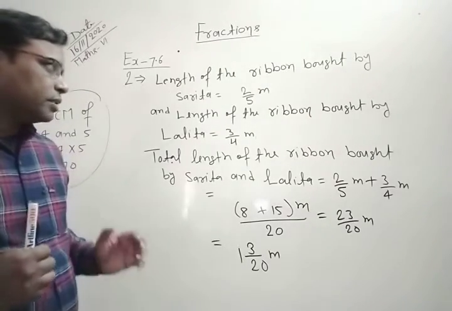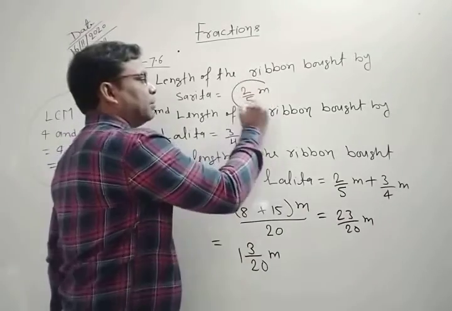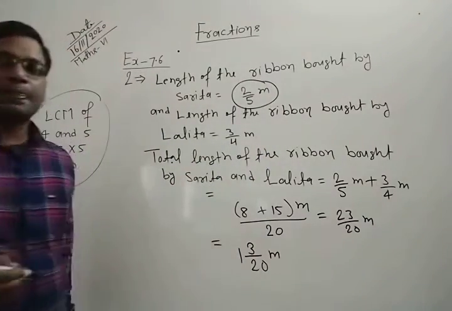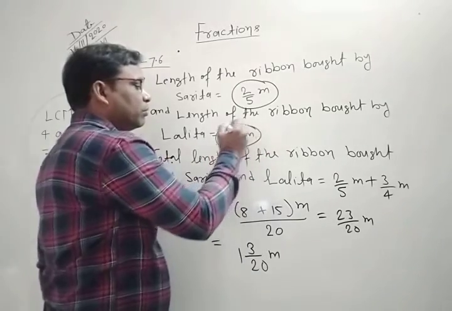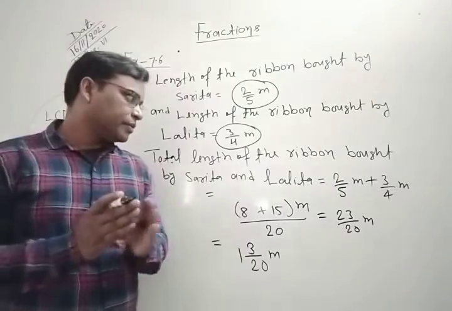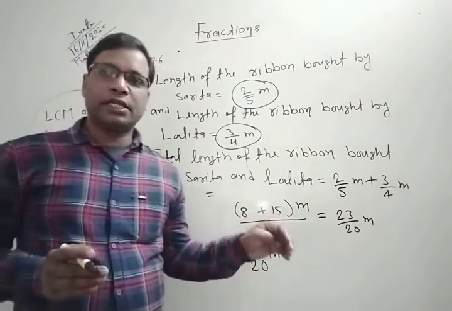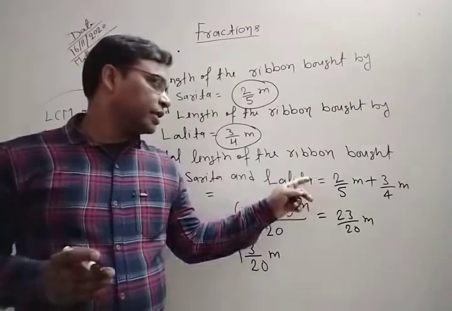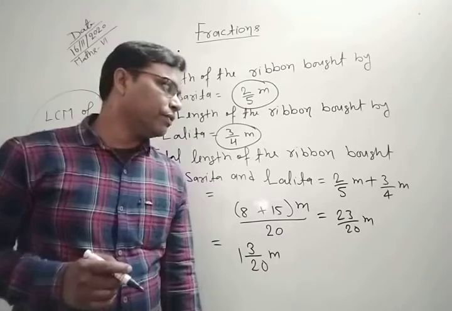So for this we add 2 by 5 meter, the length of ribbon bought by Sarita, and 3 by 4, the length of ribbon bought by Lalita. When we add them, we find the total length of the ribbon bought by Sarita and Lalita. This is 2 by 5 meter plus 3 by 4 meters.